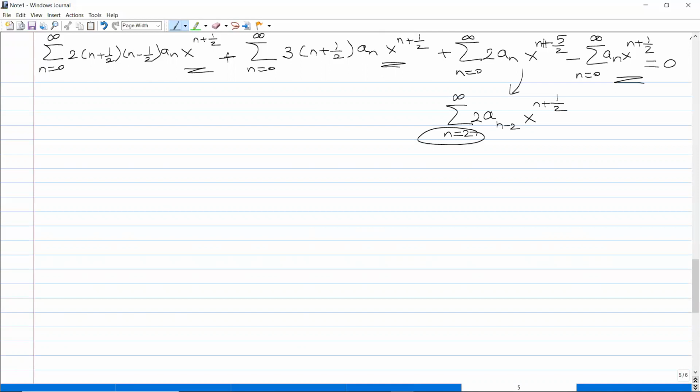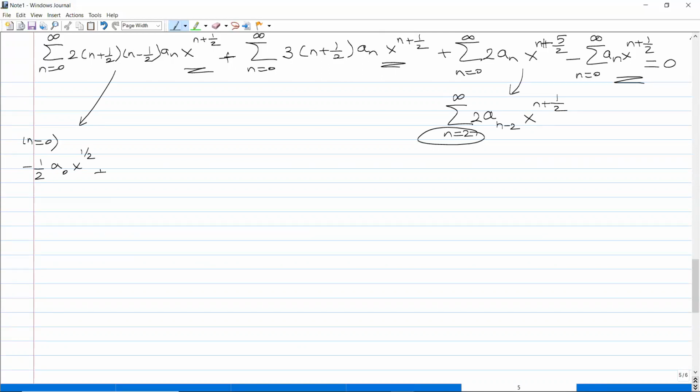So let's start with this one. For n equals 0, I get 1/2 times minus 1/2, so minus 1/4, right? a0 x to the power 1/2.